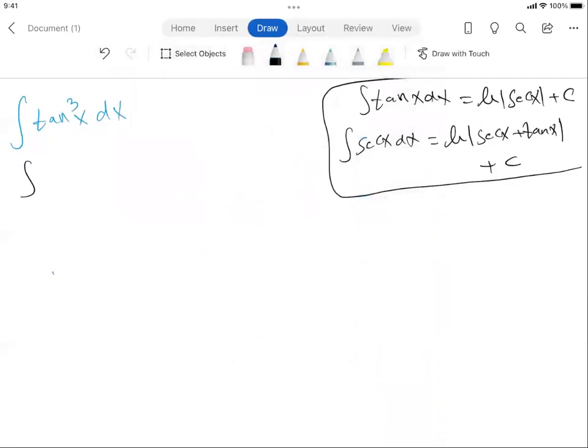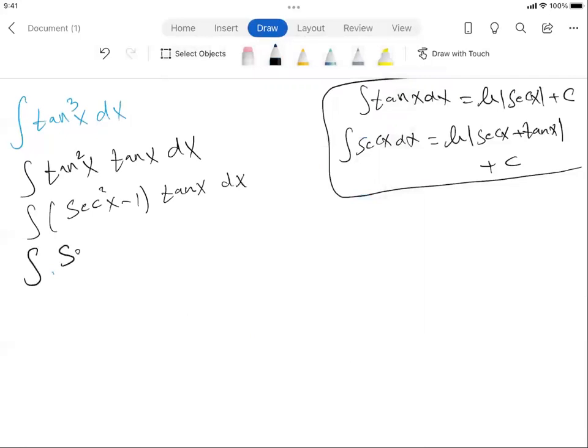Well, simply, let's break this one into tangent square of x times tangent of x dx, and then it becomes secant square of x minus 1 multiplied by tangent of x dx. Then distribute that: secant square of x tangent of x minus tangent of x dx.